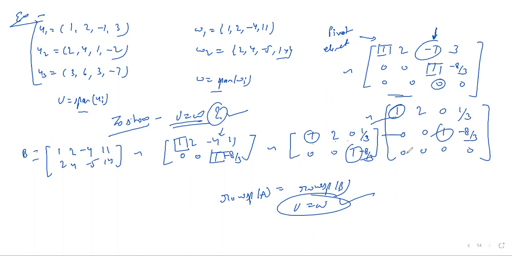Now, if I say that I have a matrix A which is M cross N, and I have another matrix P which is M cross M, then if P is non-singular, A and PA will have the same row space.